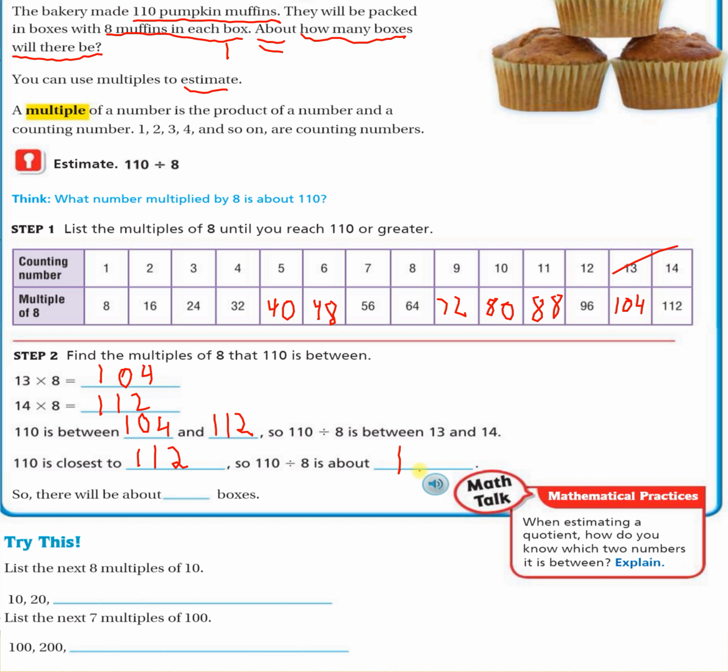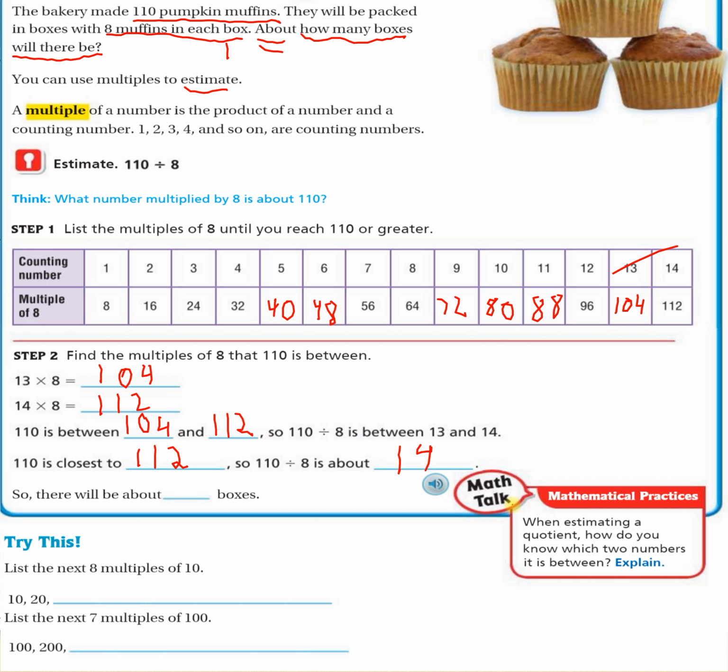Now, our actual answer, will it be less than 14 or greater than 14? Yeah, our actual answer will be less than 14 because, see, our actual number here is 112, which is slightly bigger than our 110, which is what we would eventually have to find for the exact answer.